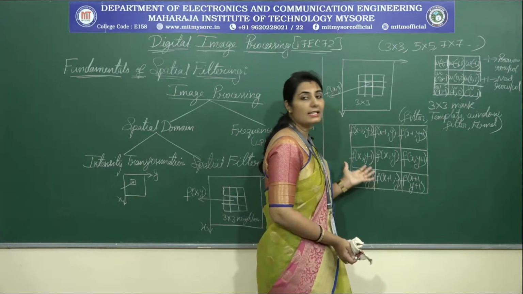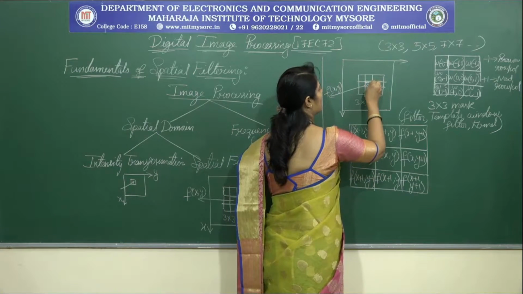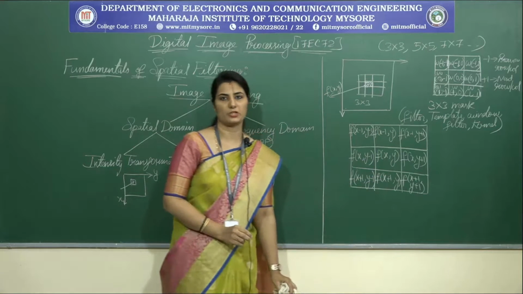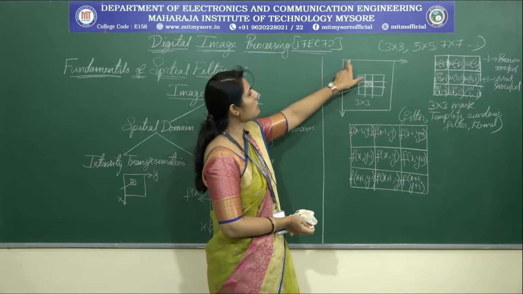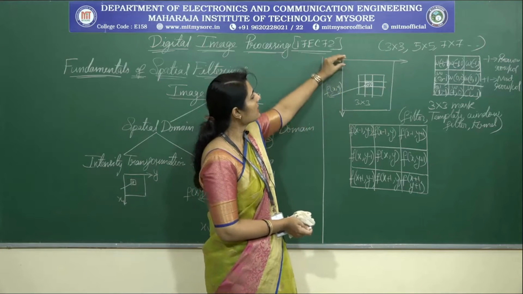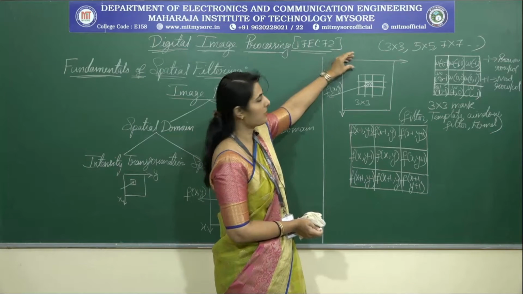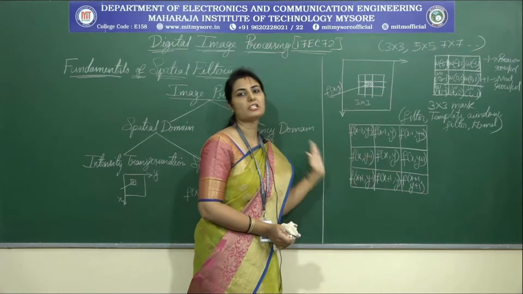Then the resultant intensity value is assigned to this center pixel after performing the operation. Like this we will perform the operation on each and every pixel in this image by shifting the center of this neighborhood from pixel to pixel. So this is how we perform spatial filtering.